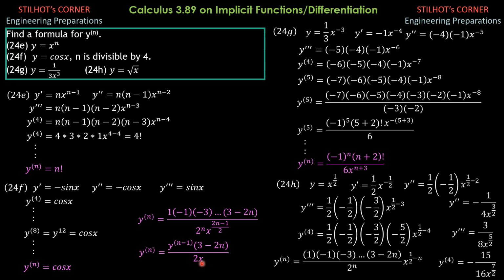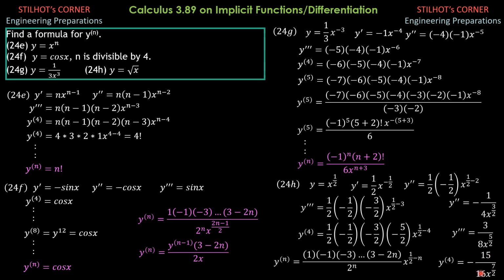These are the new terms here. If n is 3, for example, this is the preceding. This value here is 3 over 8x to the 5 halves, multiplied by negative 5, because this is negative 5 when n is 4. So 3 minus 2 times 4 is negative 5. So 3 times negative 5 is negative 15.